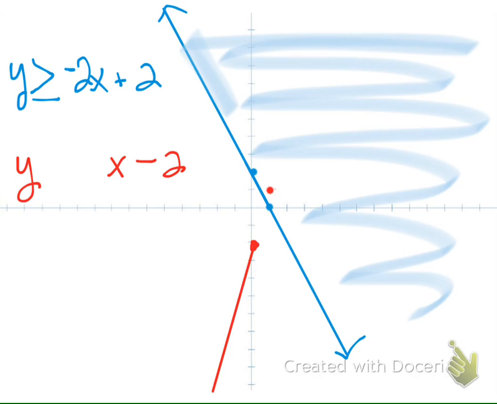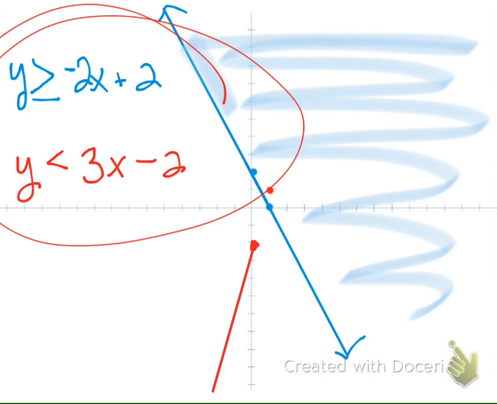How far up do you go? 1, 2, 3. Oh. Why is this so hard today? Over how far? So it's a 3x. There's your slope. Where did they shade? Above or below? They shaded below. So that means it's less than. Broken line or solid line? Broken. So there's no bar under it.